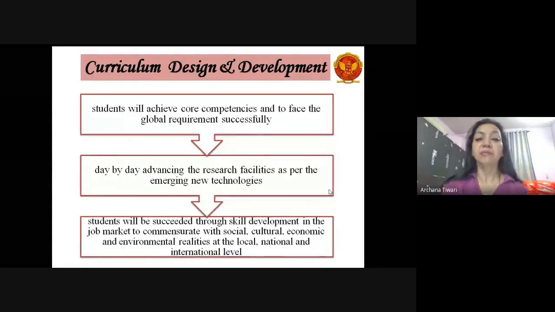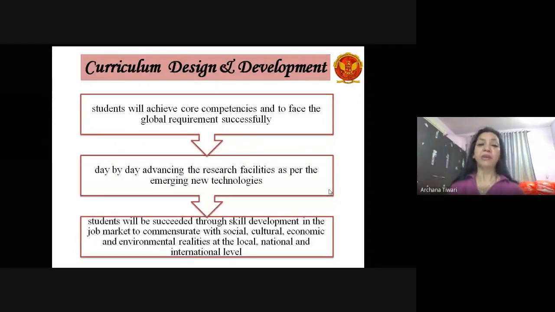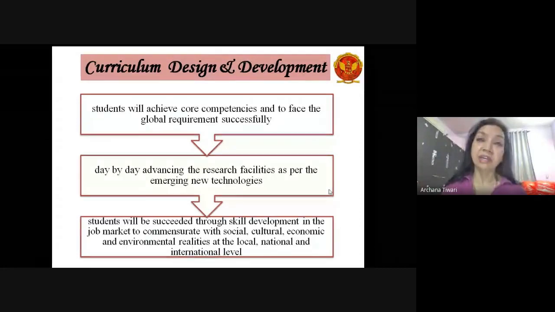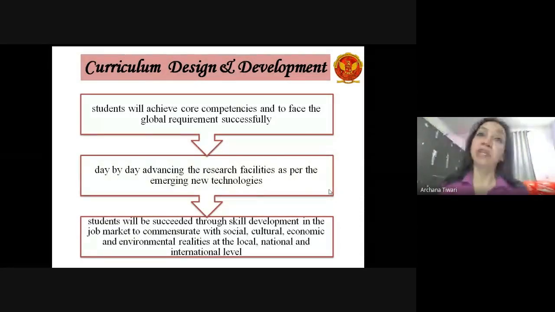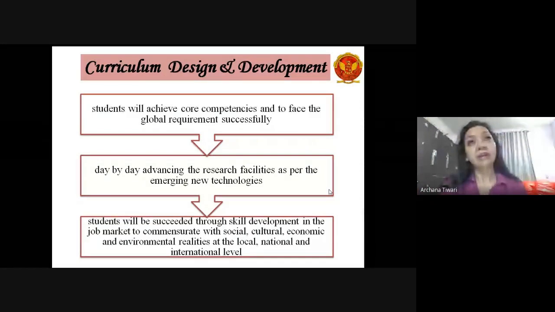Students will achieve core competencies to face the global requirements successfully. We are training our students in such a manner that they can compete with any students, not only at the state level or national level, but they can face the challenges up to the global level, that is at the international level.